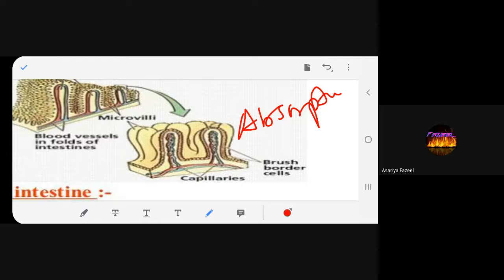Absorption by the villi. And what is the body doing? The body is assimilating it. So that is called assimilation. The body is taking the energy from the food which is absorbed by the villi.